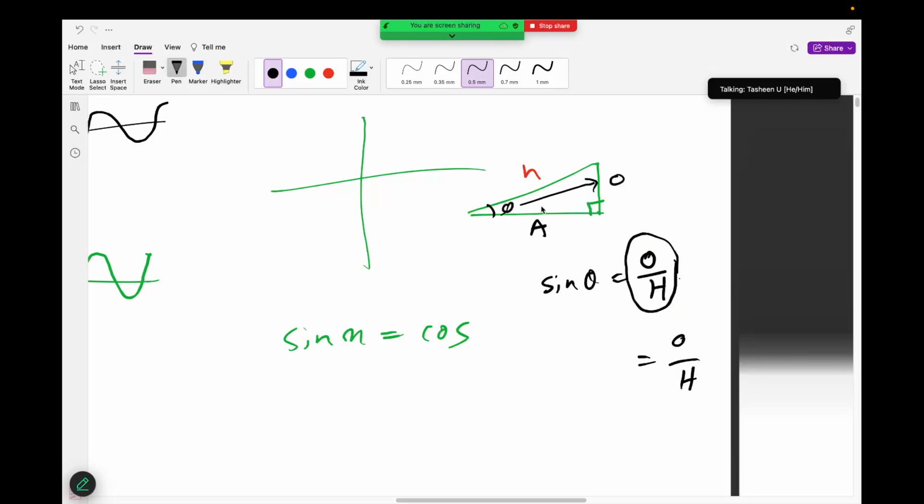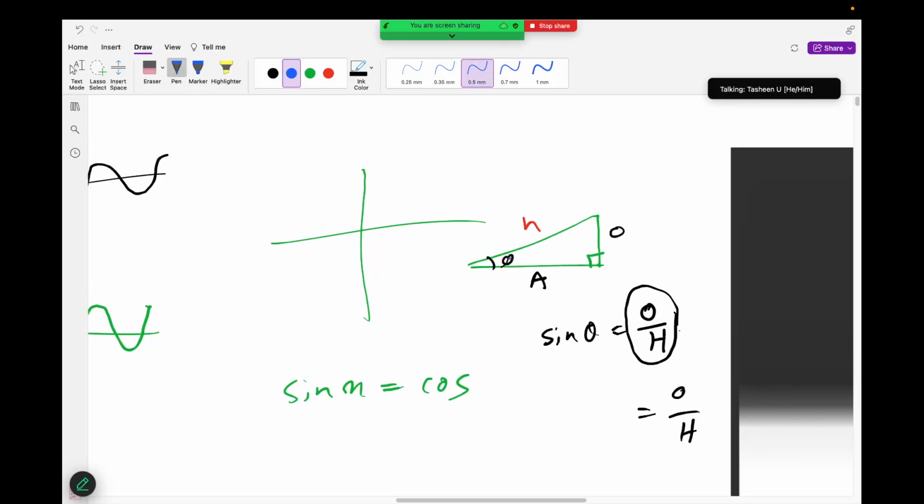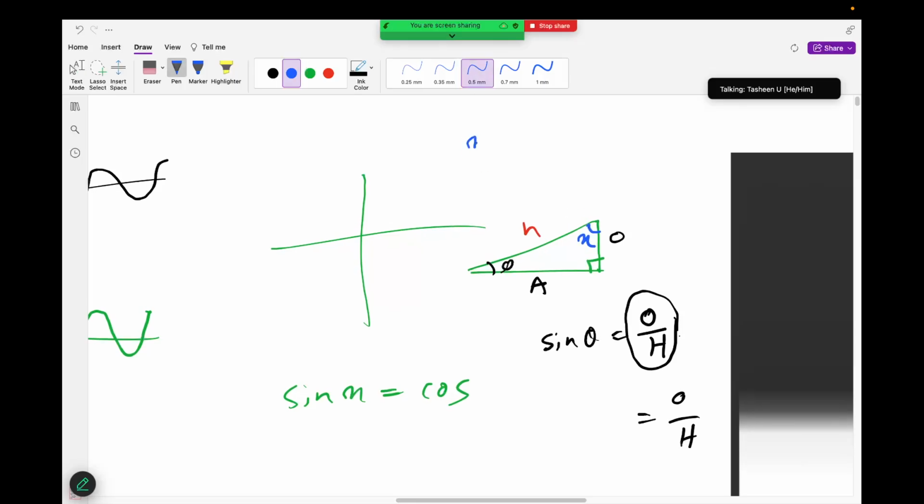We know that the summation of all interior angles of a triangle is 180 degrees, right? So if this is theta and this is 90, let that be x. So x plus theta plus 90 must be equal to 180 degrees. So what is x then? x equals 90 minus theta.